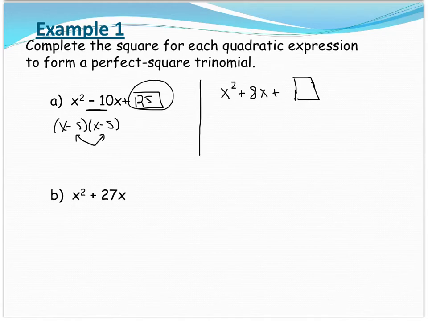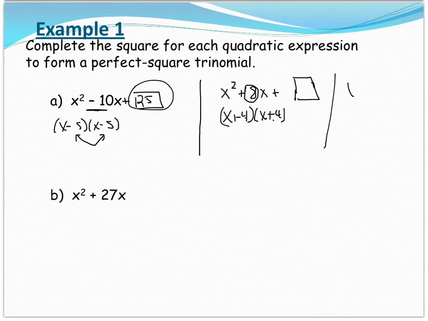I'm going to tell you right now the number I'm going to add is 16. How did I get 16? When I factor it, my two factors need to add to equal that middle number. Two numbers that are the same that add to 8 are 4 and 4.